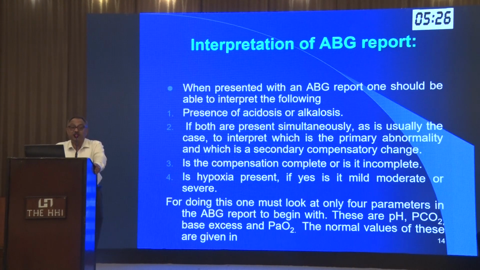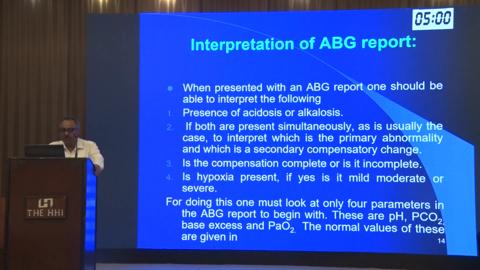Is the compensation complete or incomplete? Is hypoxia present? If yes, is it mild, moderate, or severe? For doing this, one must look at only 4 parameters in the ABG report to begin with: pH, PCO2, base excess, and PO2.